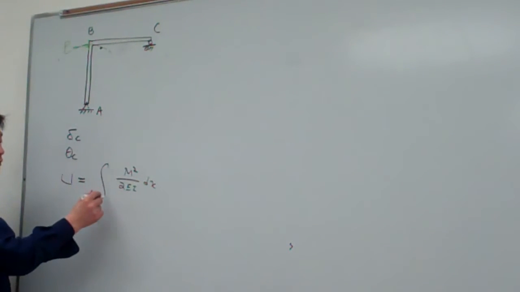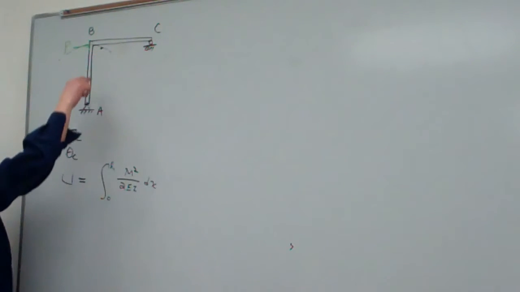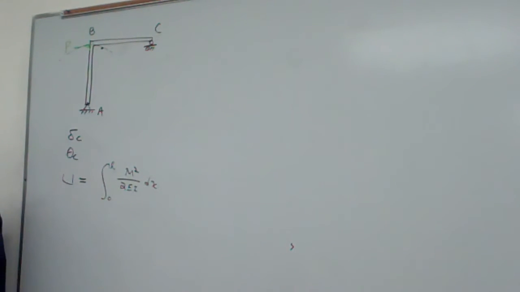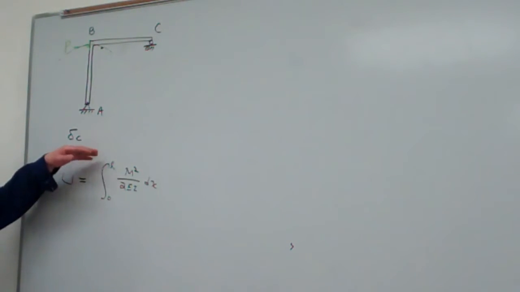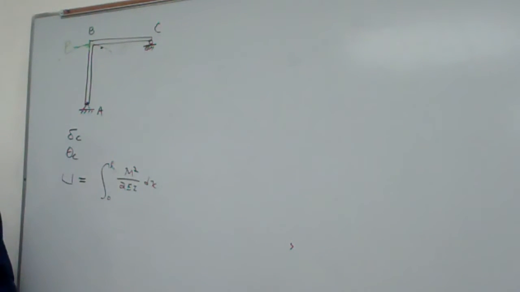For whatever portions, here we have two portions, so we take the whole two portions. And we can ignore any loading in BC. In BC, you mean there's no axial loading? Yes, no axial loading there. That would be the reason before this statement, we just write it up, and that is our assumption.